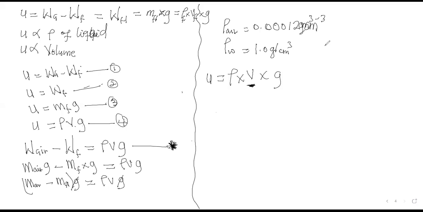Because when an object is immersed in water, the volume of water displaced is equal to the volume of the object. And that is how come in your EHS lesson, when you are asked to determine the volume of irregular objects, you tie it to a stone, immerse it in a measuring cylinder, indicate the initial reading, and after immersion, determine the final reading on the measuring cylinder, you subtract initial from the final.